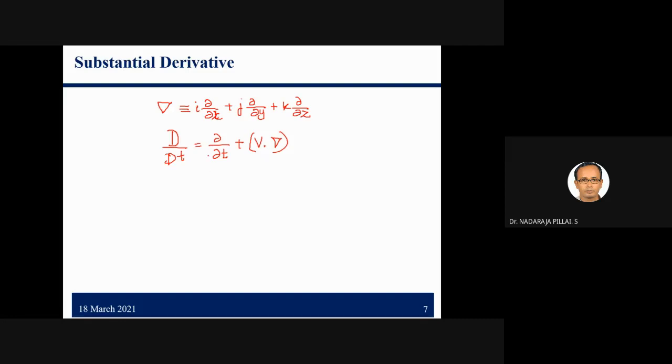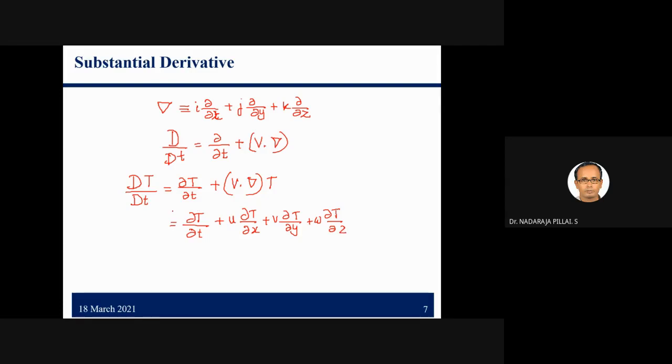Now, if I assume that the flow field variable is a temperature, then I write like this: DT by Dt is equal to dou T by dou t plus V dot del into T. It means we can write dou T by dou t plus u into dou T by dou x, v into dou T by dou y plus w into dou T by dou z.